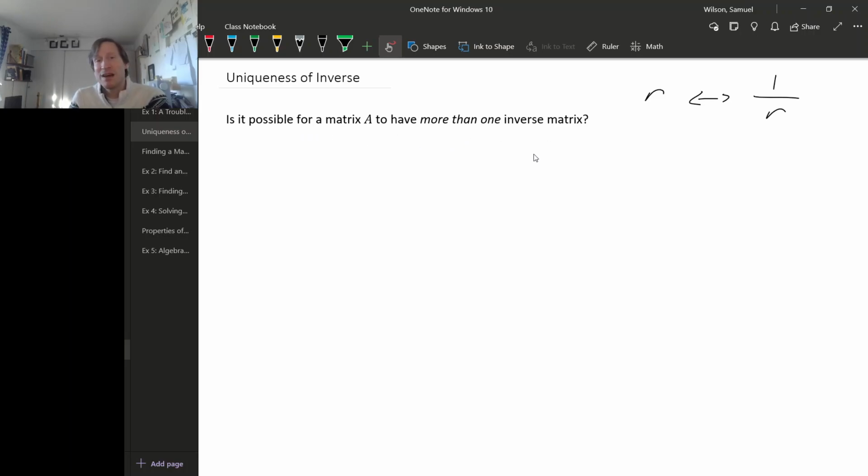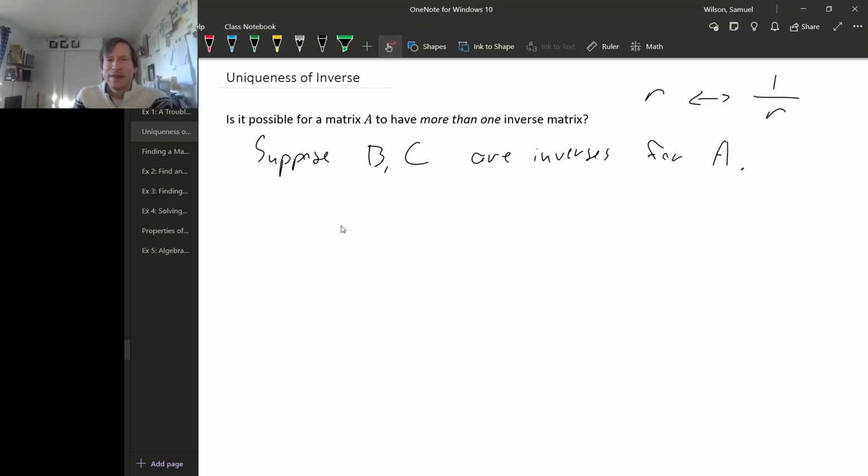So let's see, is it possible to have more than one inverse? Well, suppose there are two. So suppose that B and C are inverses for A. What does that mean?